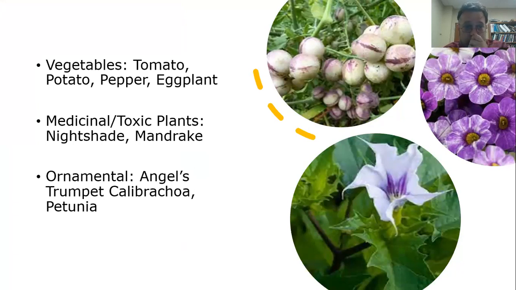We also have medicinal or toxic plants like nightshade and mandrake. Nightshade, sometimes called belladonna, was used, some people believe, though it's hard to confirm, to dilate the eyes of people to make them appear more attractive.